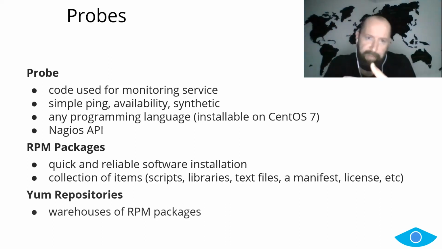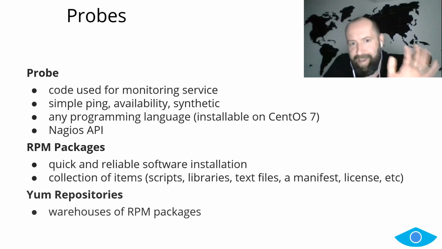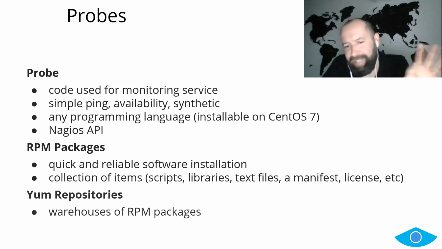So a lot of people do that as well. And then there are the synthetics, or user-mimicking probes, which are the most advanced ones. And if you remember the beginning of my story, these are the most valuable ones, because these will spot the details of what your users are actually doing with the service.